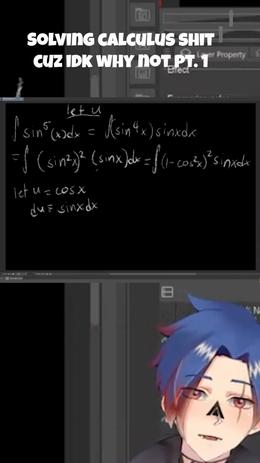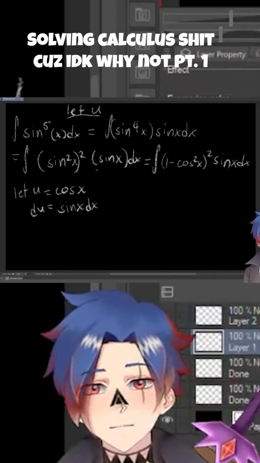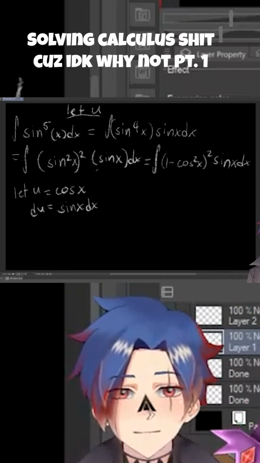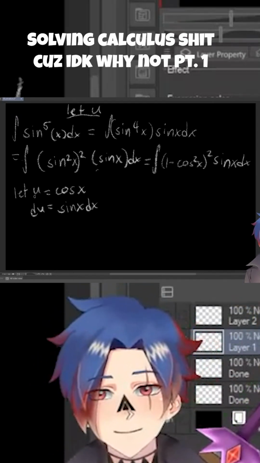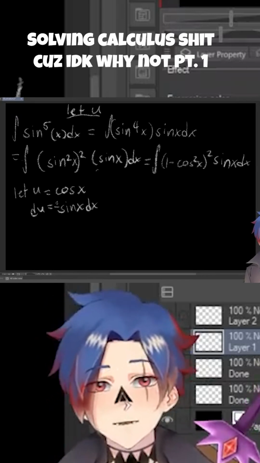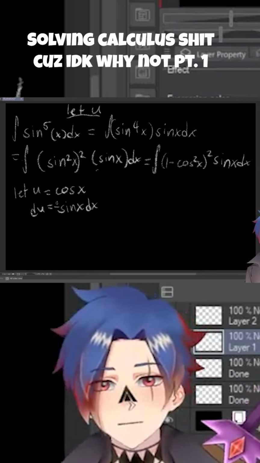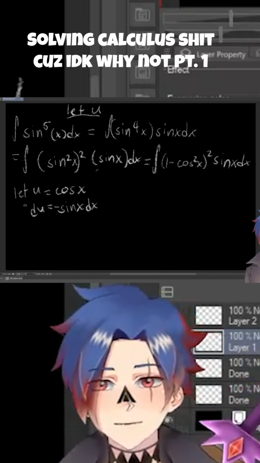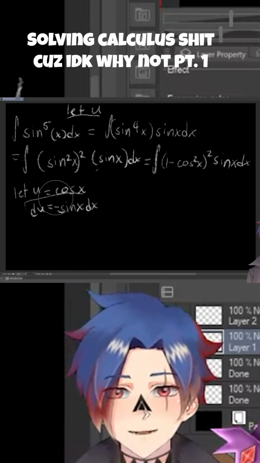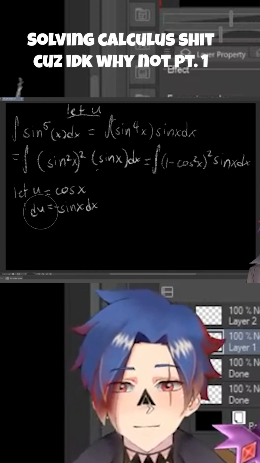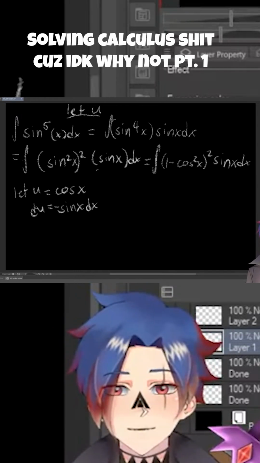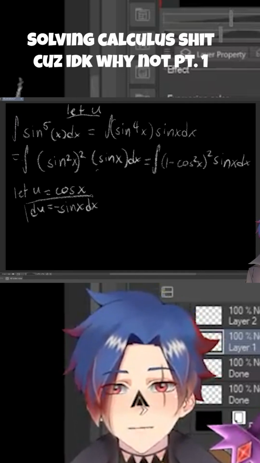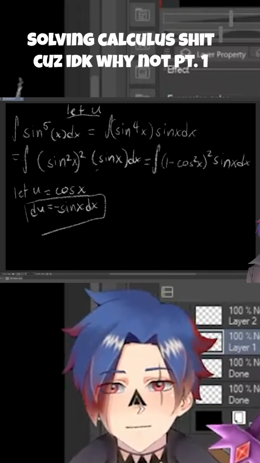Was it negative? Oh yeah, it was negative. It's basically negative sine x dx. So this is what we are gonna have right now. We're gonna use our secret sauce, our problem sauce.